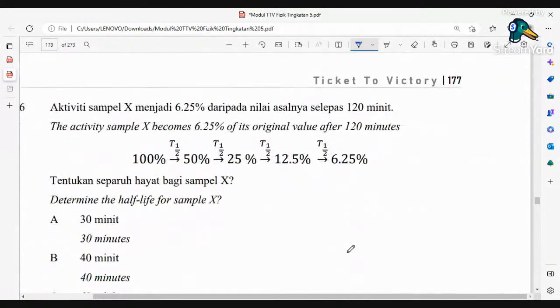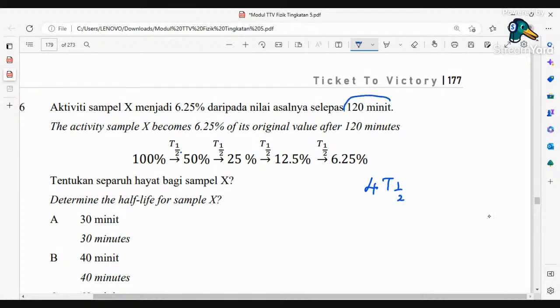Okay, number 6. The activity of sample X becomes 6.25% of its original value after 120 minutes. Determine the half-life for sample X. So from 100% to 6.25%, it takes 4 half-lives.